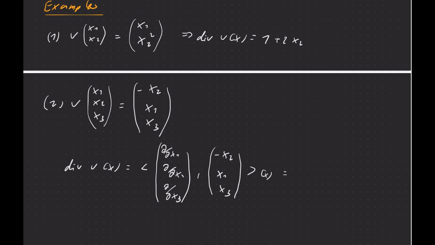So differentiating this with respect to x1, that yields a 0. Differentiating this with respect to x2, again yields a 0. And finally differentiating this with respect to x3, that yields a 1. So the divergence here is simply 1, independent of the x.